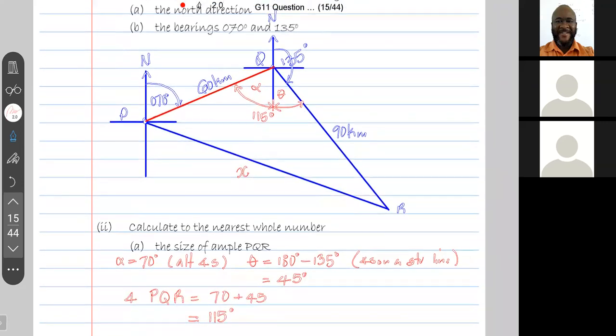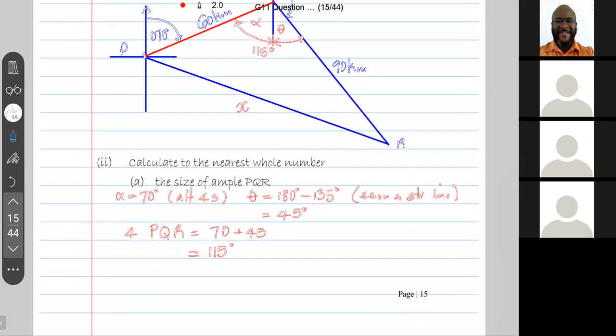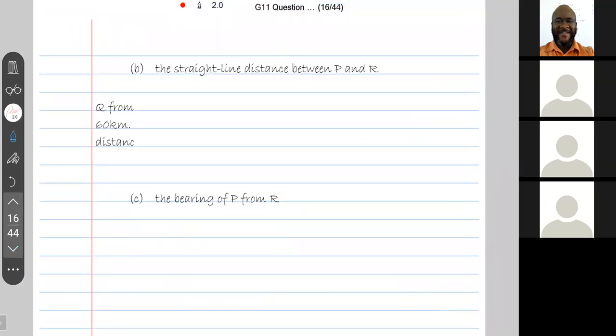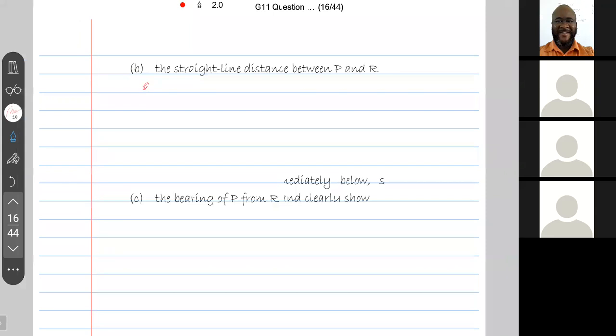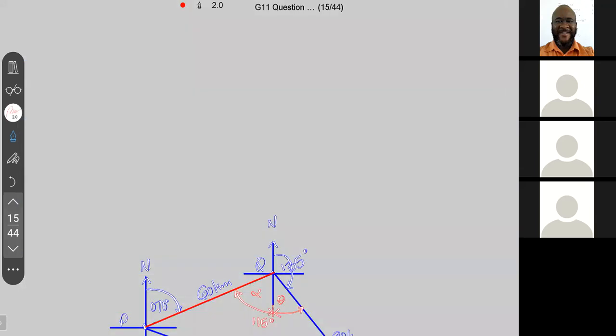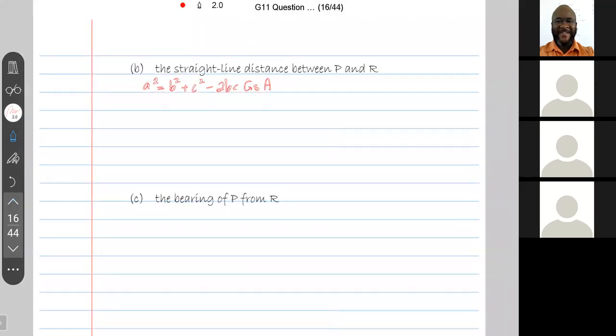So applying the cosine rule, I'm going to say a squared is equal to b squared plus c squared minus 2bc cosine A. A is the side opposite the inclusive angle, which is x, so x squared.